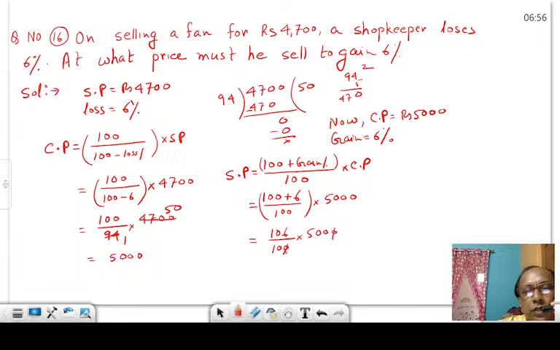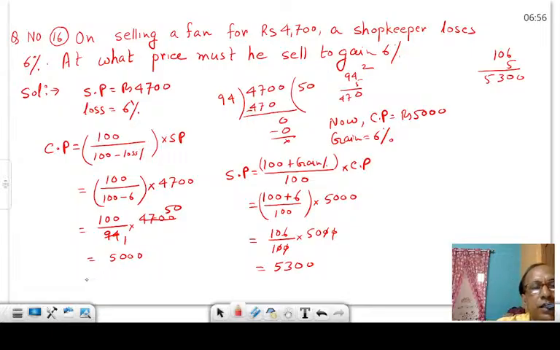This 0 will cut, this 0 will cut. Therefore, we have to multiply 106 with 5. 5 sixes are 30, 5 ones are 5, and there is 1 zero more, that is 5,300. Therefore, the selling price is 5,300. The question is, at what price must he sell to gain 6%?